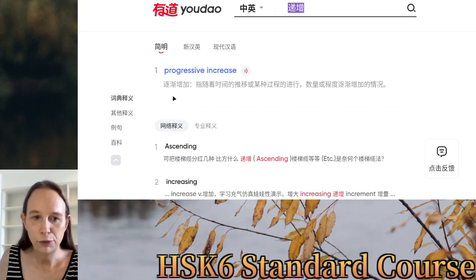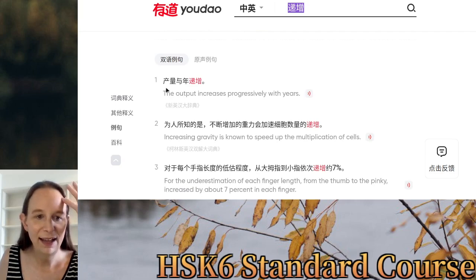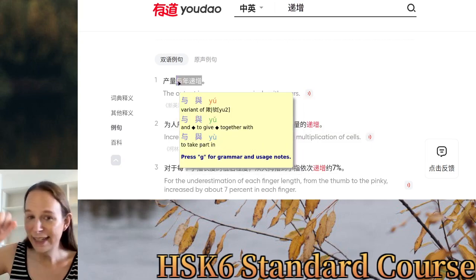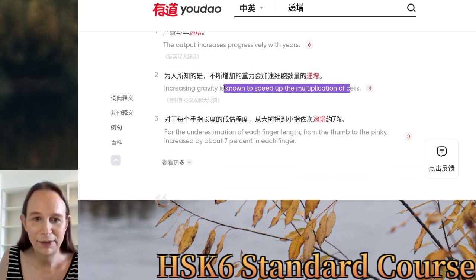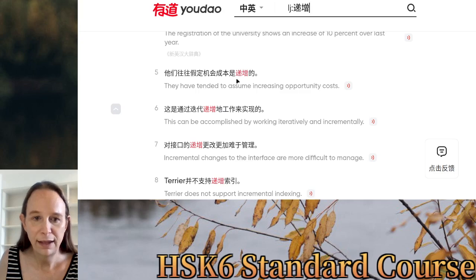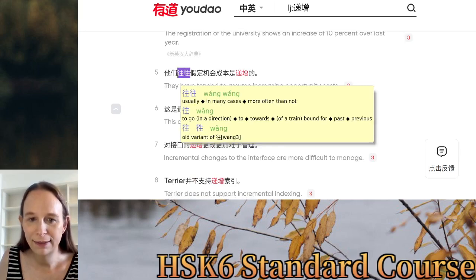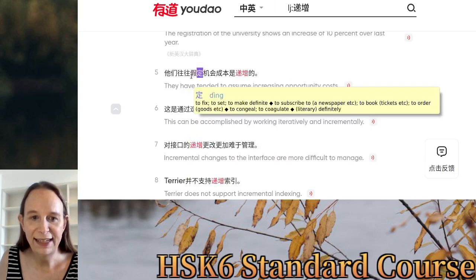Progressive increase. 逐渐递增. 它们的产量与年递增. So I said 与日递增. So that increases a little bit every day. This is increases a little bit every year. 成本是递增的。他们往往假定机会成本是递增的。假定 here is assume.